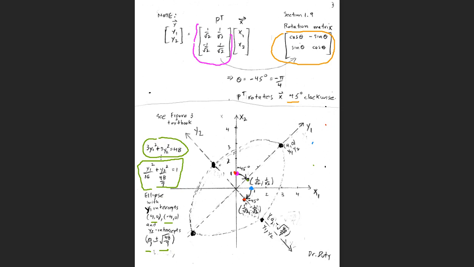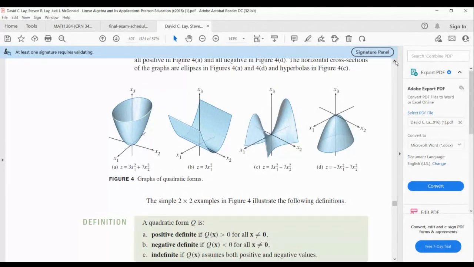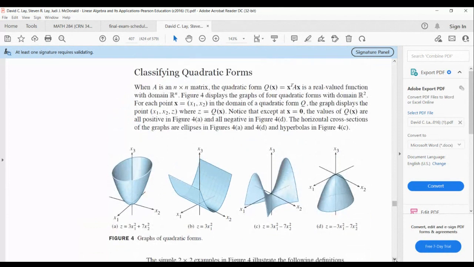So let me show you something here in the book, where they classify quadratic forms. Let's head to the book. All right, here we are in the book. Figure 4. In this section they talk about classifying quadratic forms.